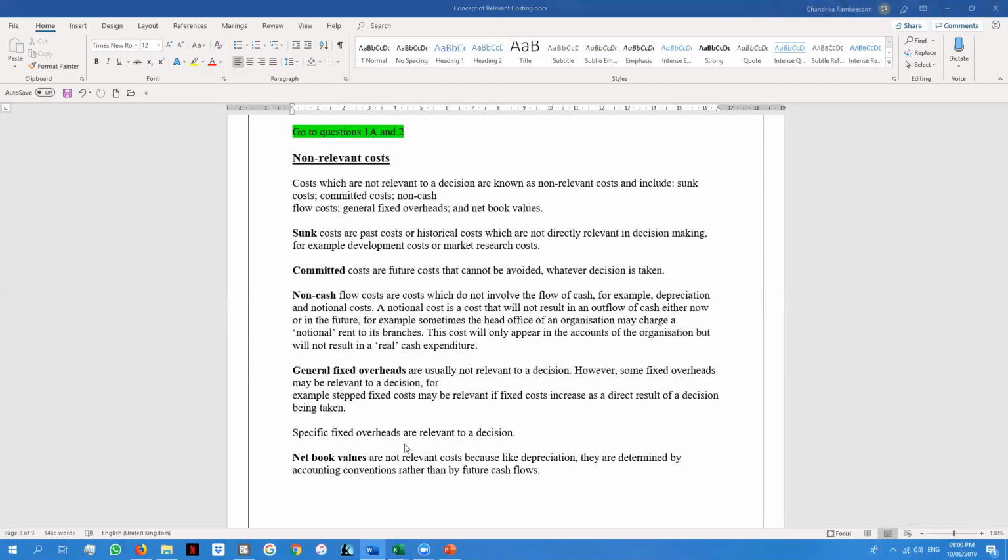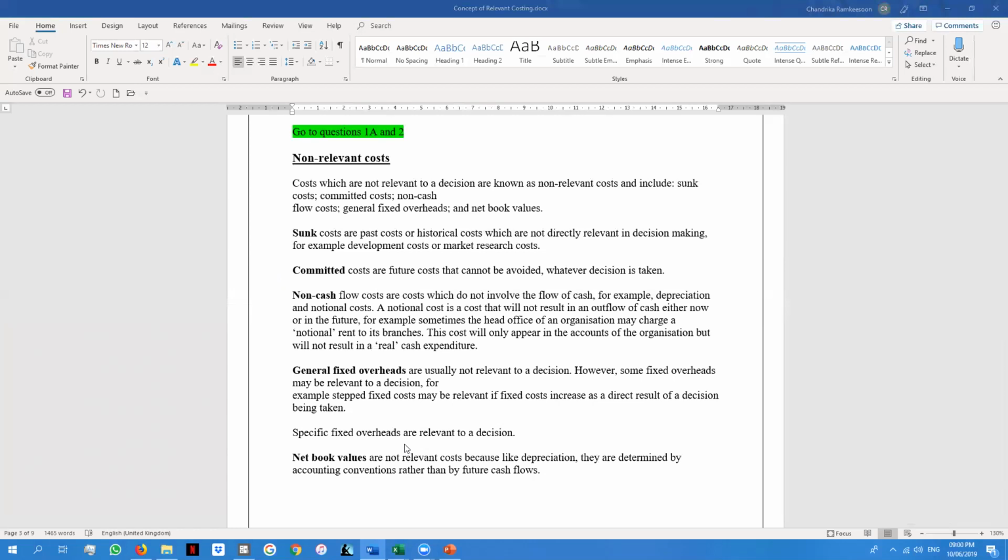But the management accountant would say it's just not relevant. Past purchase costs are sunk, depreciation is non-cash, it's not relevant. You see? So the way in which we reconcile that is that the financial accountant will prepare his financial accounts, and the management accountant will prepare his management accounts.